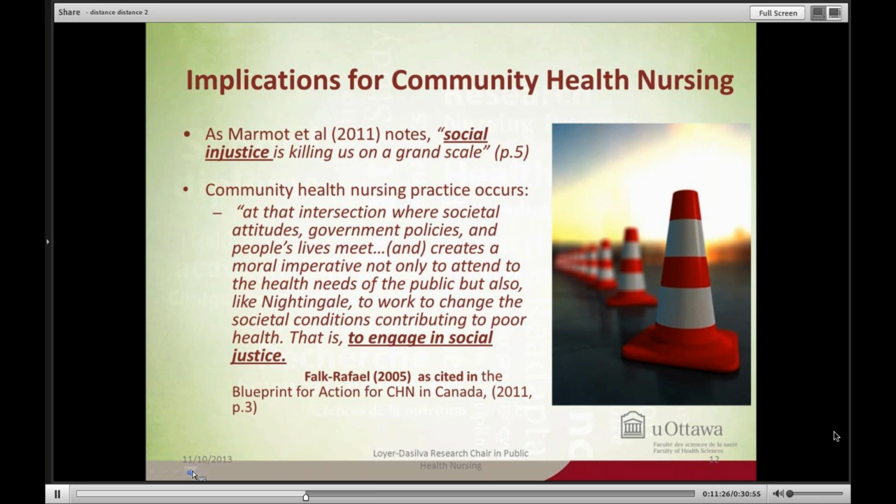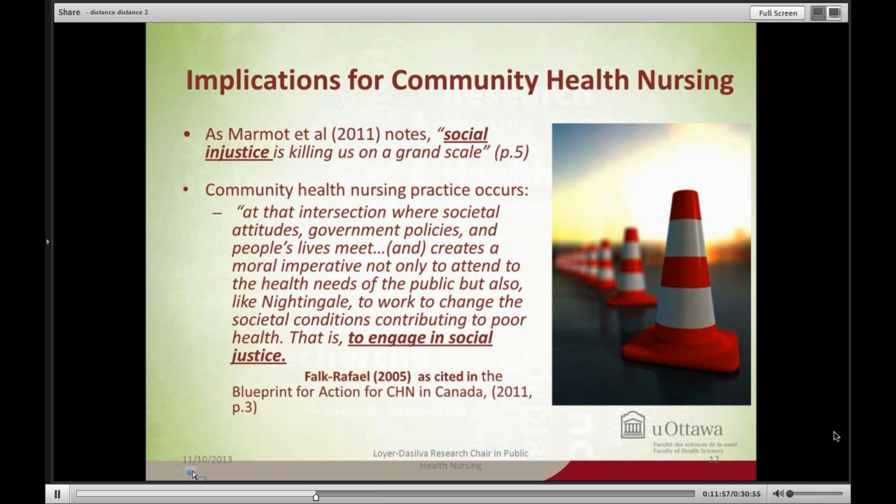So community health nursing practice, as clearly stated in the community health nursing blueprint for action, occurs at that intersection where societal attitudes, government policies, and people's lives meet and create a moral imperative, not only to attend to the health needs of the public, but also, like Nightingale, to work to change societal conditions contributing to poor health.